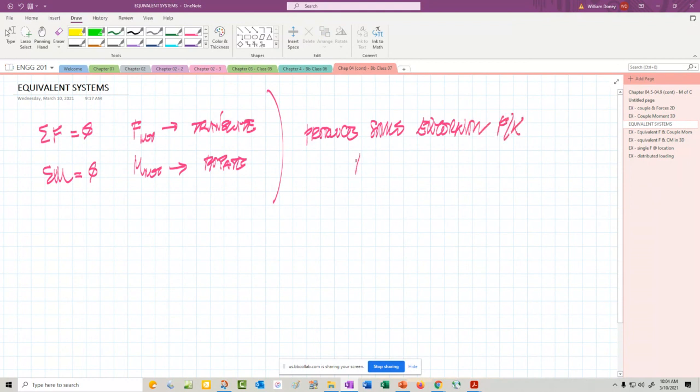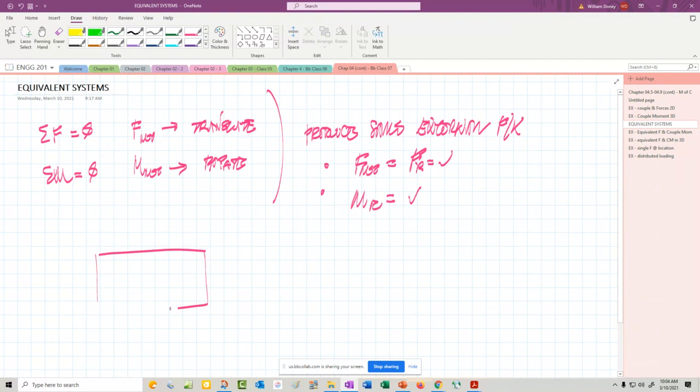And I'm abbreviating that. Meaning it has to have the same F net or F resultant, and it has to have the same resultant moment. If the setups or situations have the same, then it gives us the same or equivalent system. Okay?